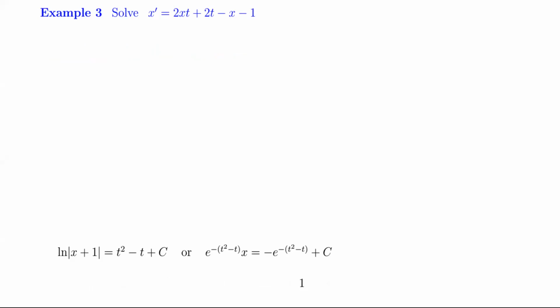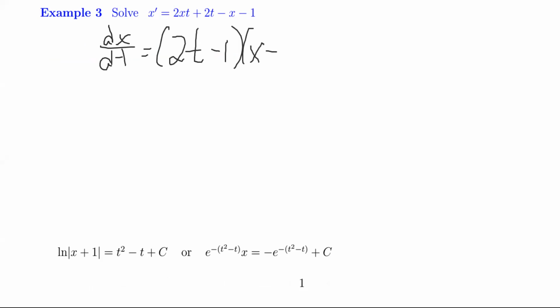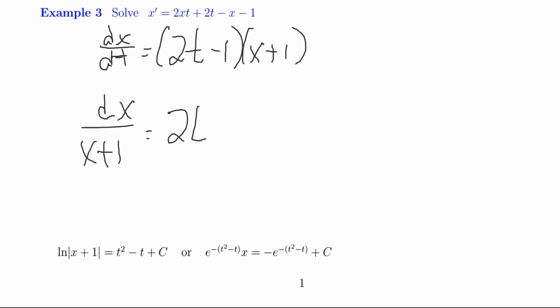In fact, we can rewrite this as dx/dt is equal to (2t minus 1) times (x plus 1). Then we can rewrite this as dx over x plus 1 is equal to 2t minus 1 dt. And we have successfully separated our variables.